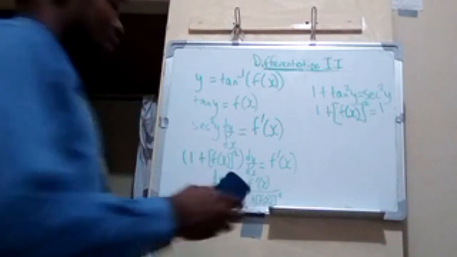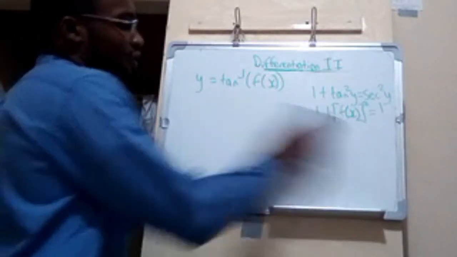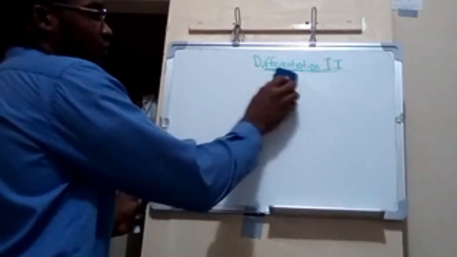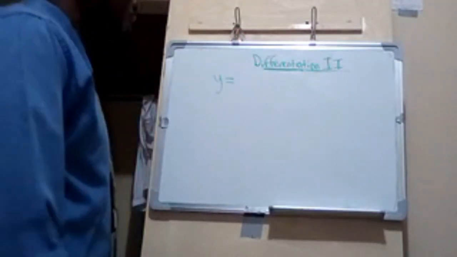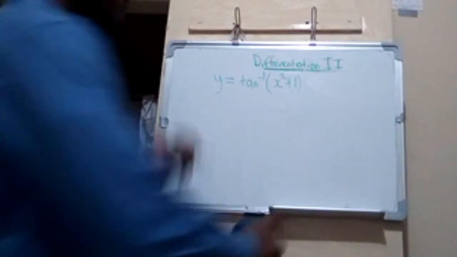So let's look at an example. Let's say y is equal to tan inverse of x squared plus 1.